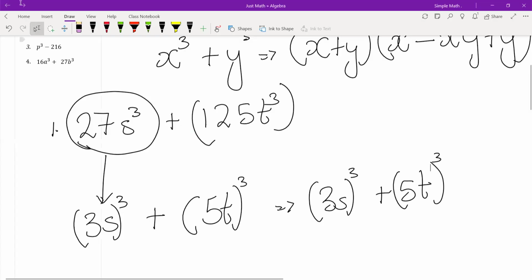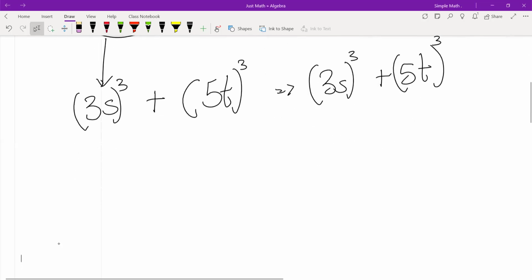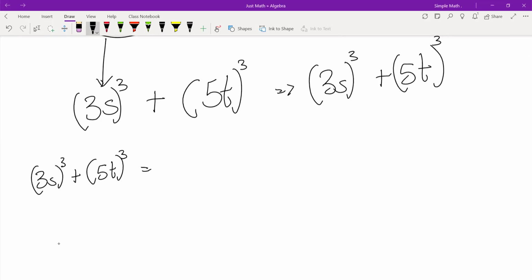Wonderful. So from there, we can now apply the formula. So this becomes (3s) all cubed plus (5t) all cubed. It's always good to put them in brackets so that you don't make mistakes. So (3s plus 5t). I know the first sign is going to be a plus. Now I'll use a second bracket just because of the square.